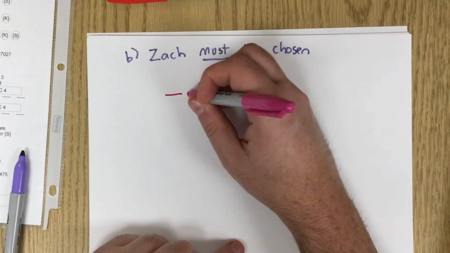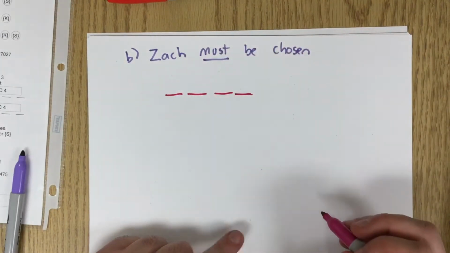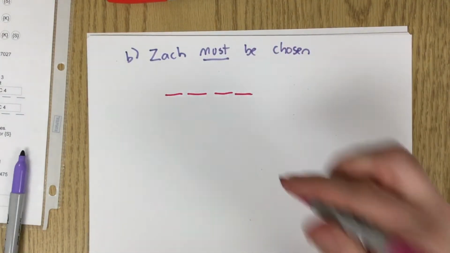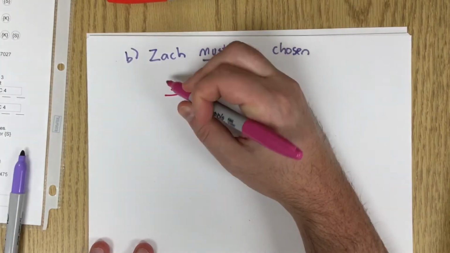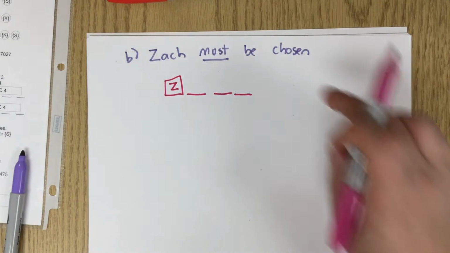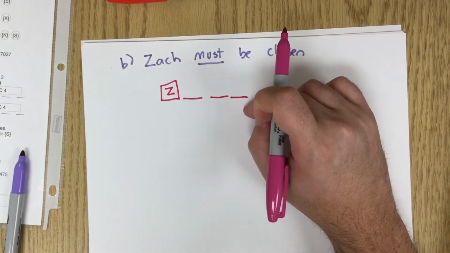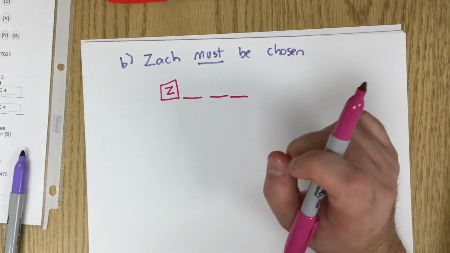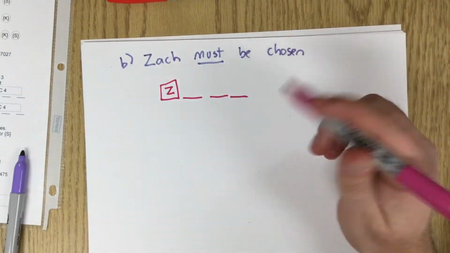So we have the 4 people who are going to Mars, but Zachary is taking up one of the spots, so I'm going to put a box around him because he's not changing, which means we only have 3 spots left. Now, of the 30 people, one of them has been chosen, so there's only 29 left.